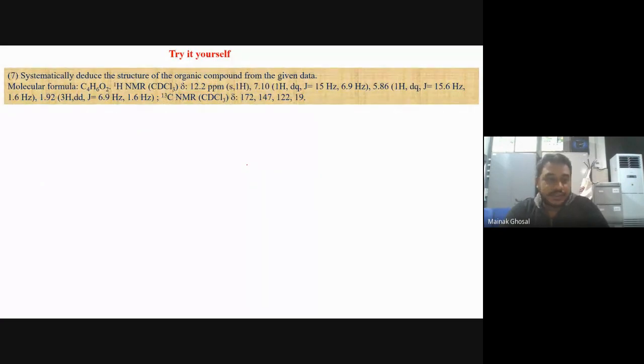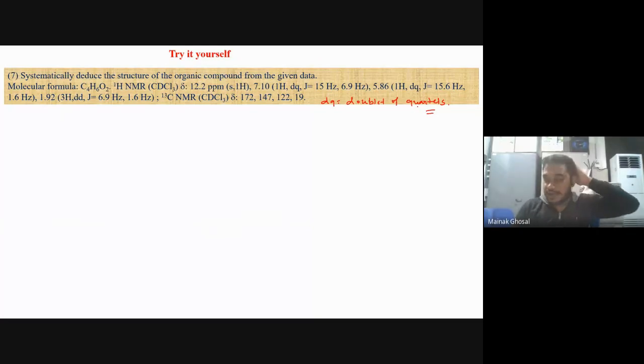A very interesting question. You have to systematically deduce the structure of this organic compound from the given data. C4H6O2. Don't be afraid, it is not an aromatic compound. This much of a hint I have given you, and you can see from this molecular formula the structural properties are given, and this DQ stands for doublet of quartets.